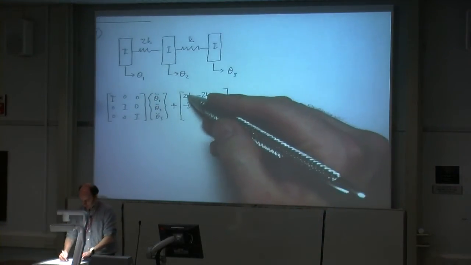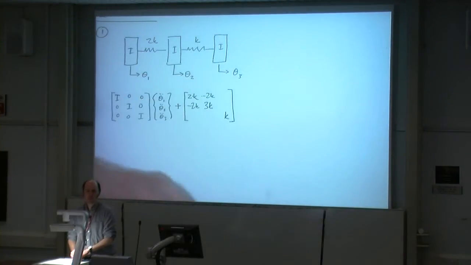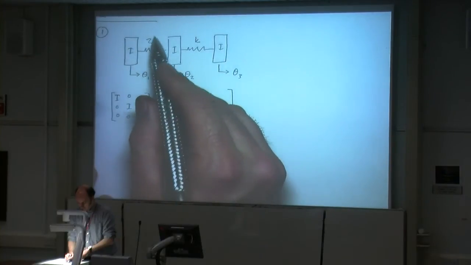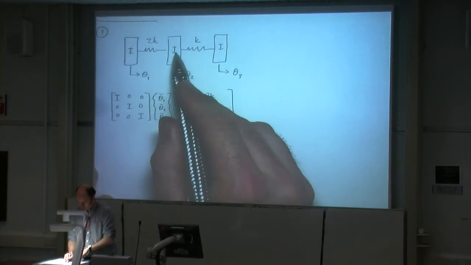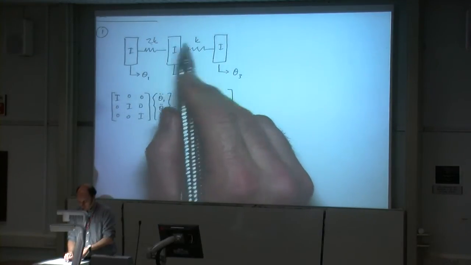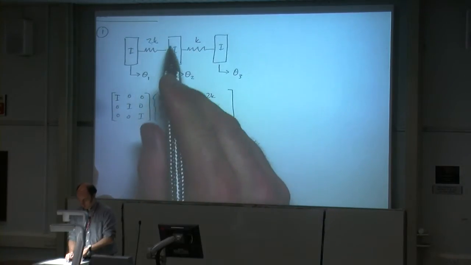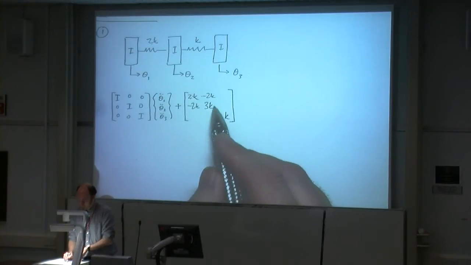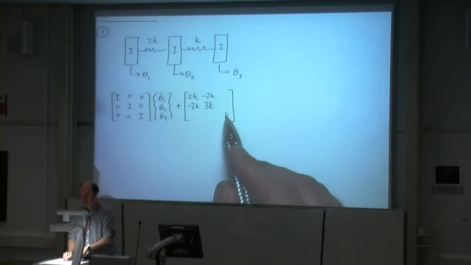The diagonals are the sum of the springs connecting each mass to another mass or to ground. So for mass 1, we've got 2K. For mass 2, we've got two springs connecting it to another mass, 2K plus K is 3K, so that goes in the middle. And for mass 3, we've just got K on its own.